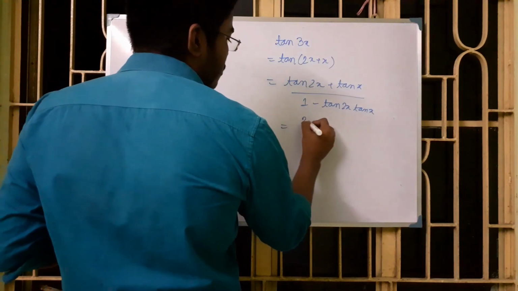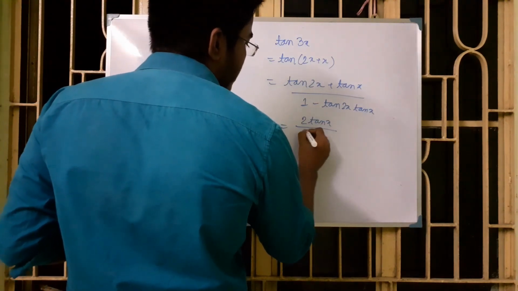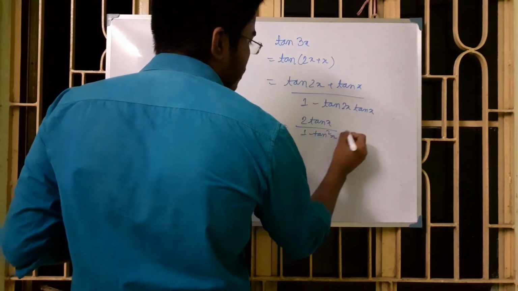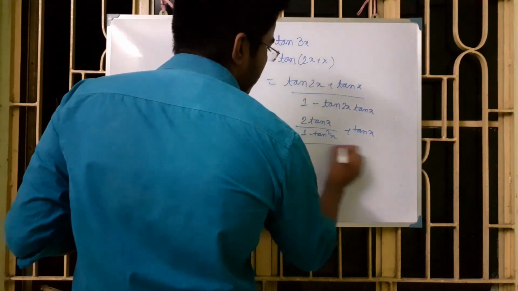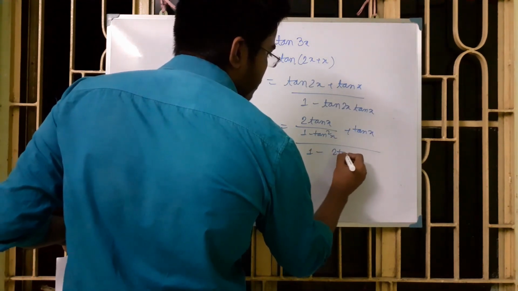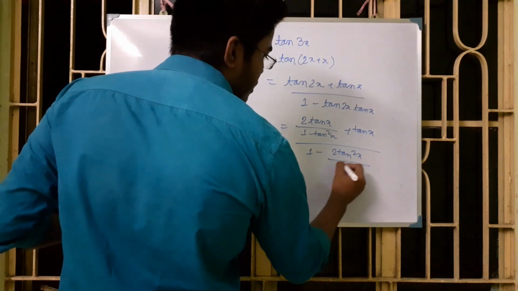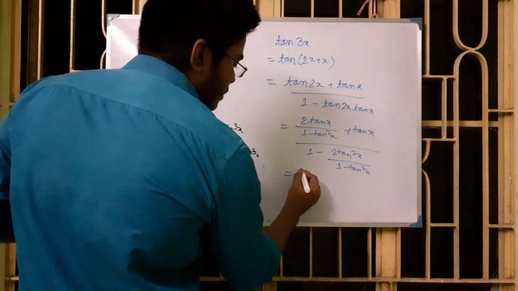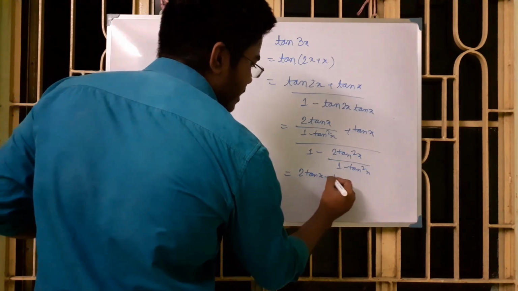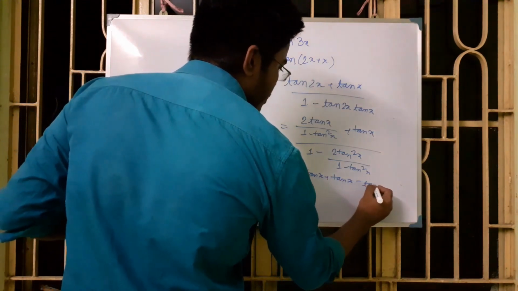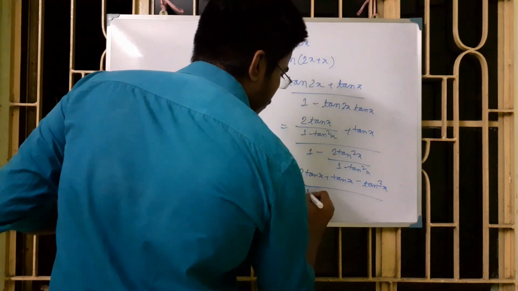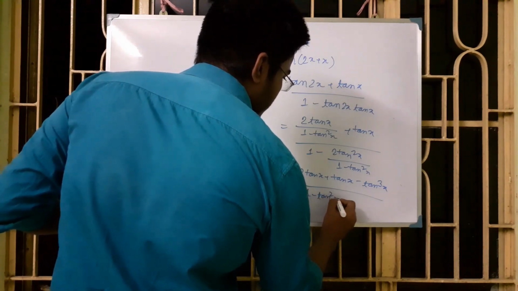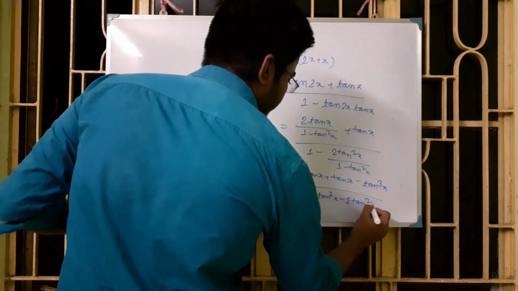Tan 2x means 2 tan x by 1 minus tan square x plus tan x by 1 minus 2 tan x into tan x, that is 2 tan square x by 1 minus tan square x. Take LCM and that will be 2 tan x plus tan x minus tan cube x upon 1 minus tan square x minus 2 tan square x.